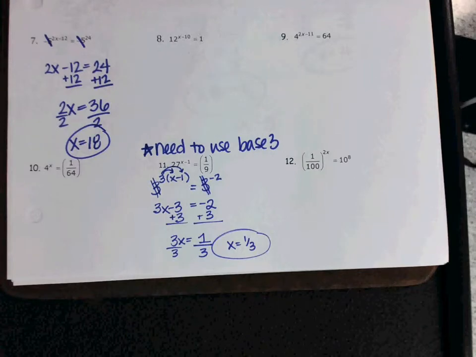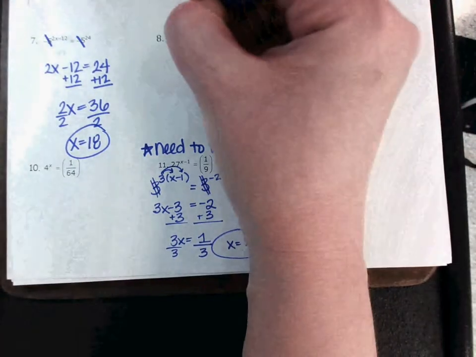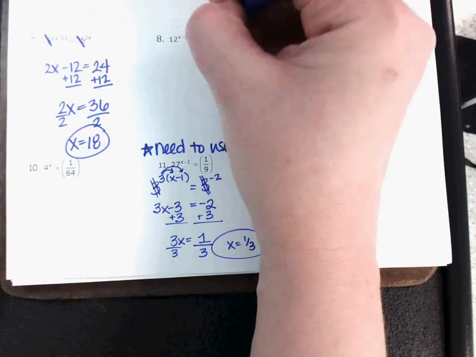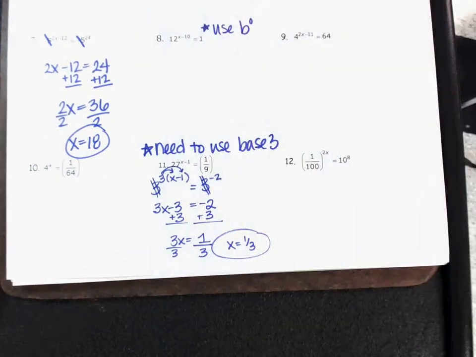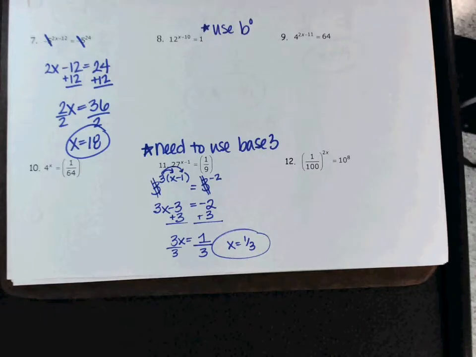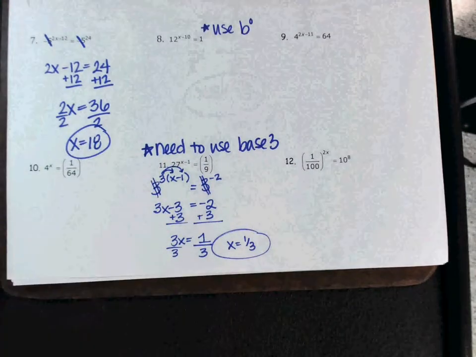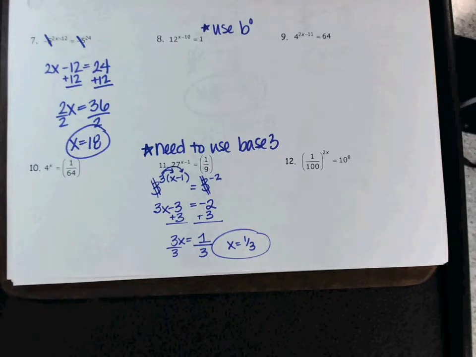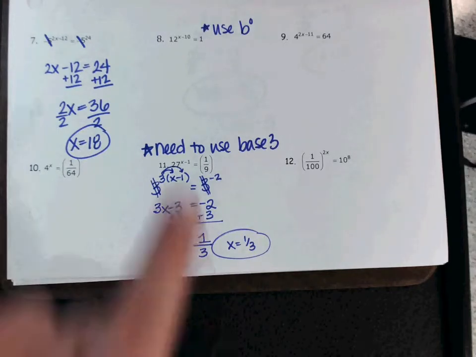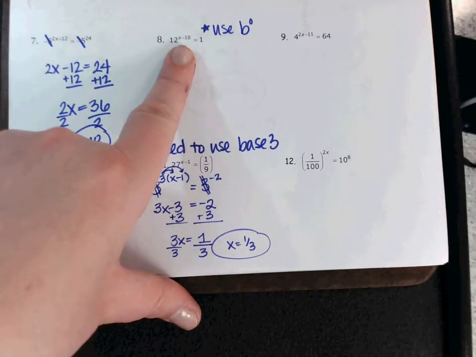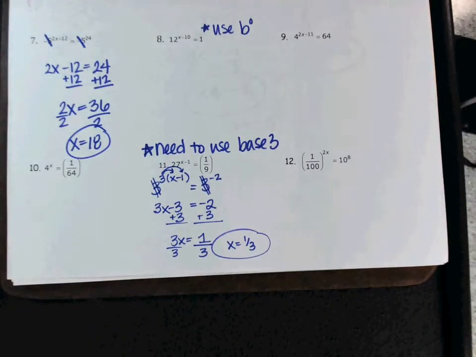Do y'all remember how to get the 1? What base do you use? Okay, good. So I'm going to put here, make sure you use b to the 0. Now, remember, what base are you going to use if you want to cancel them out? Say on number 8, you'd have to use a 12 because you have to match the one on the other side.